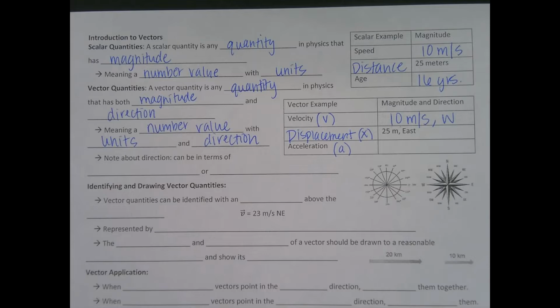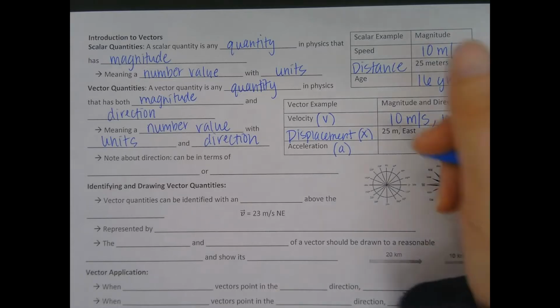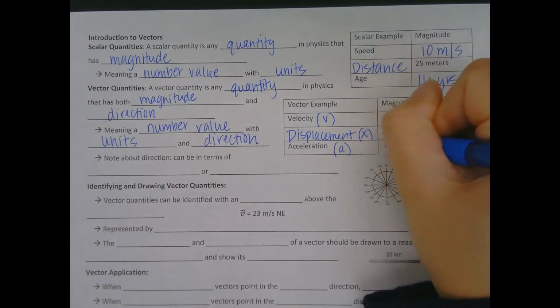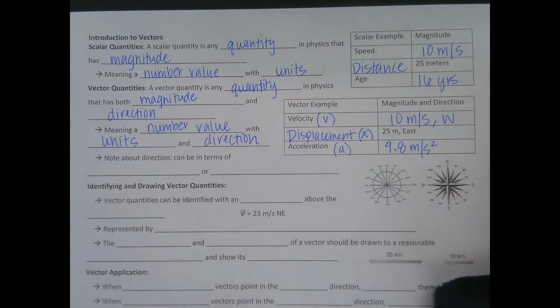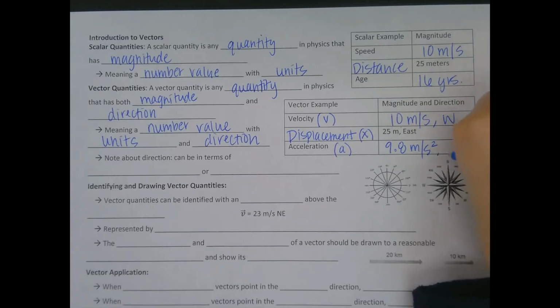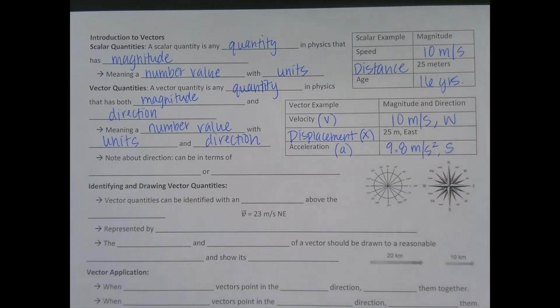Well, what's the acceleration due to gravity? 9.8 meters per second squared, and we can just give a direction, down or south or whichever one, just an acceleration and a direction. Okay, so the difference here is we're really focusing on the direction part.